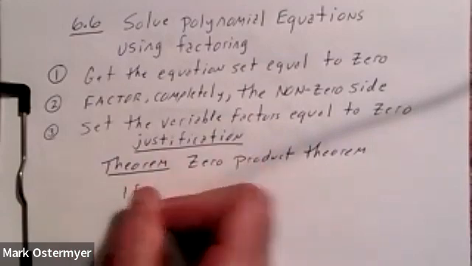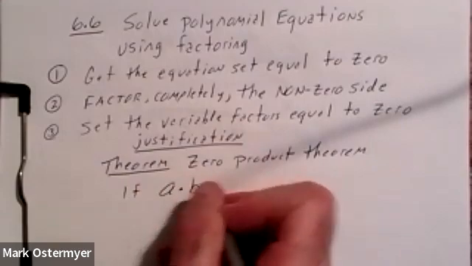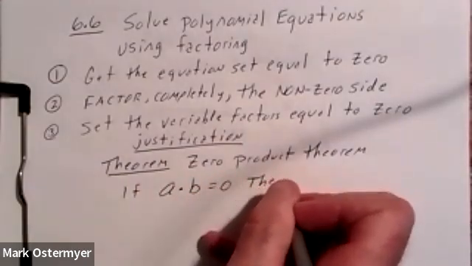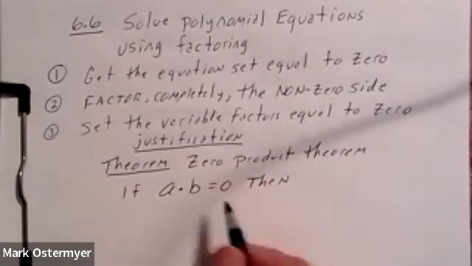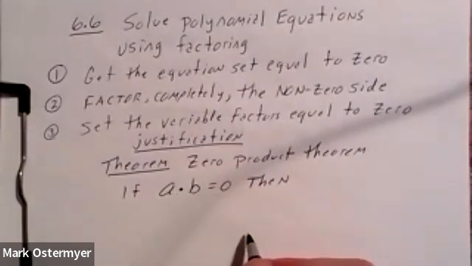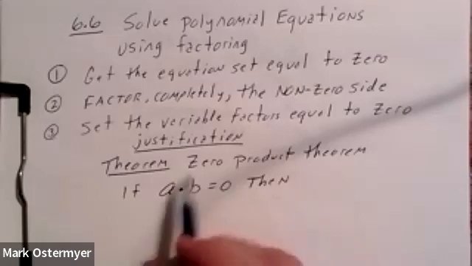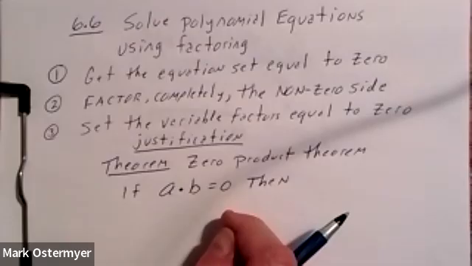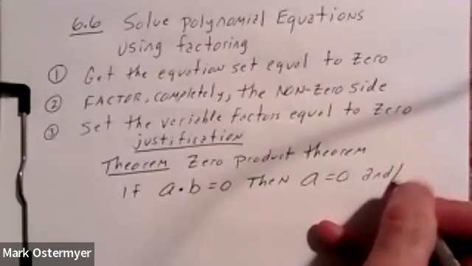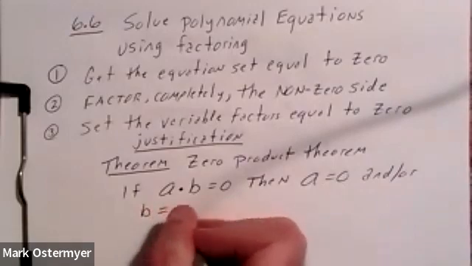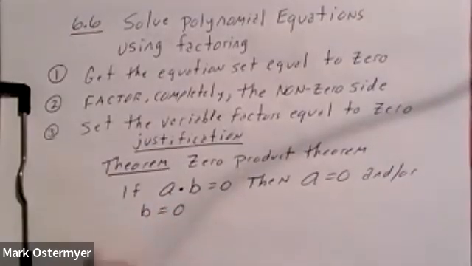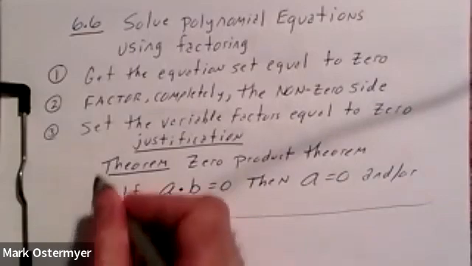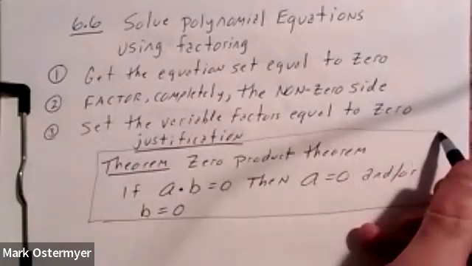It says this: if A times B equals 0, then what must be true about A and or B? Would it be A equals 0 and B equals 0? Yep. A and or B must be equal to 0. That kind of makes sense. So this is the theorem that justifies us in setting our variable factors equal to 0.